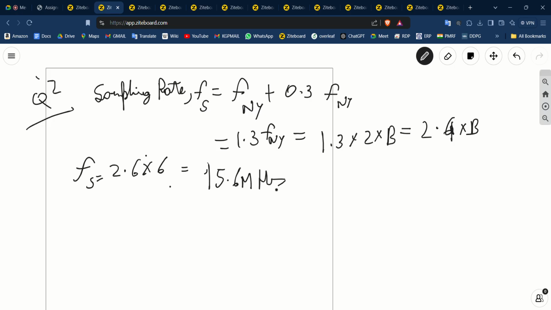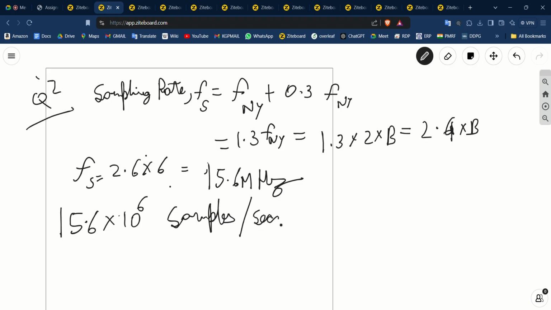So there are 15.6 mega samples per second, that is, 15.6 into 10 to the power 6 samples per second.